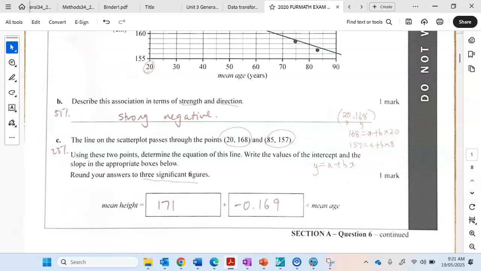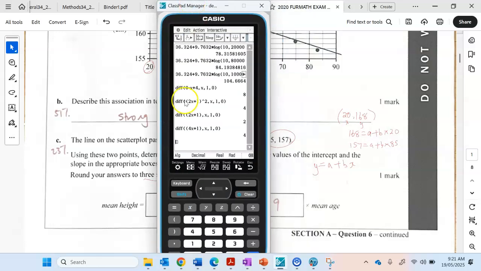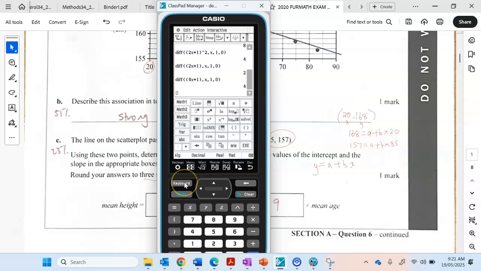It's very hard to draw on the screen when I've got it up. All right, so with our 2 equations, we can then just put them straight into the calculator. So when we're solving, you can use solve. We've got 2 equations. I always find when you're doing multiple equations, you can use this button here. And then you just type them in. So 168 equals, and you can use x and y, but if you feel like you're going to get confused, just use a and b.